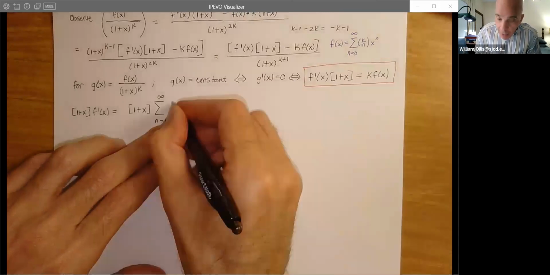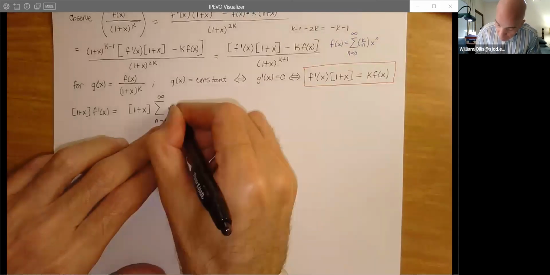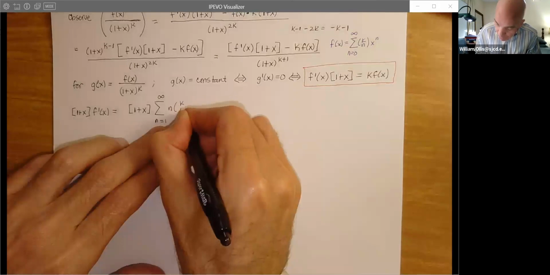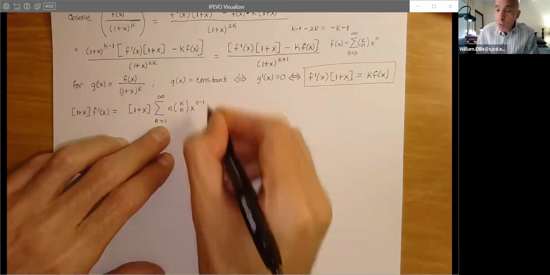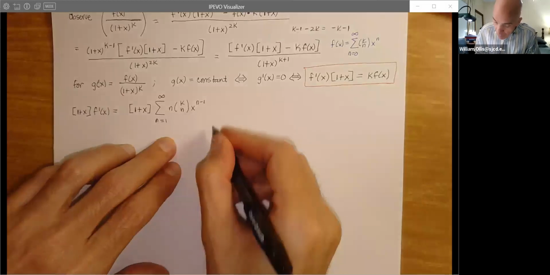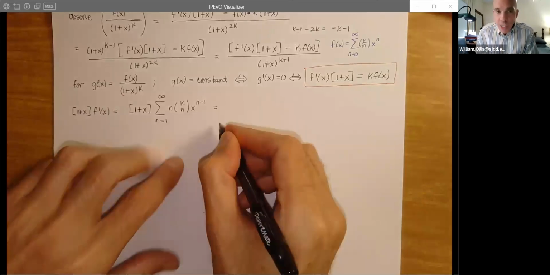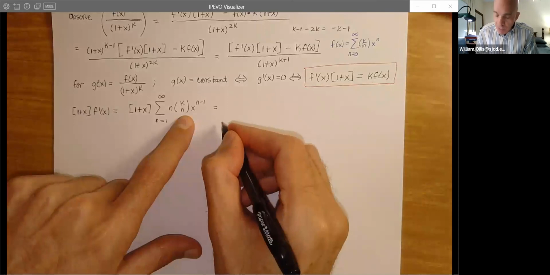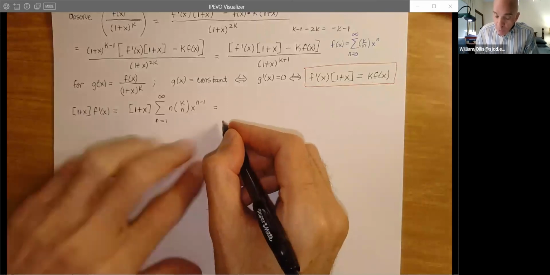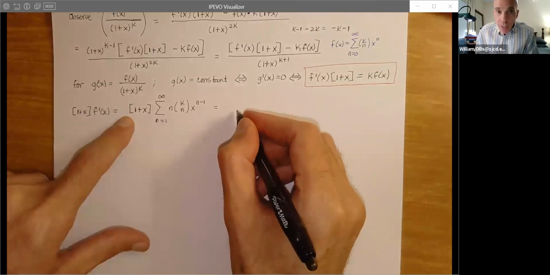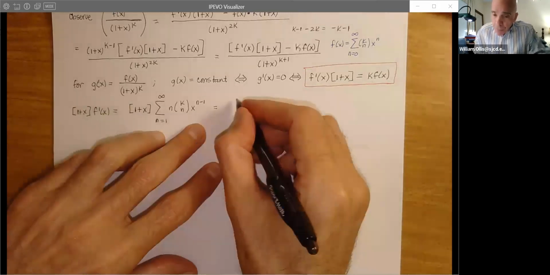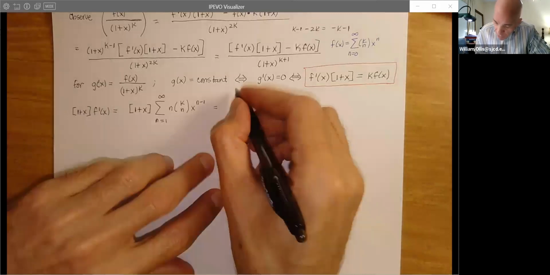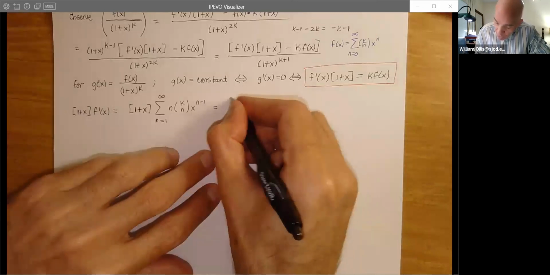So we just have n times k choose n, x to the n minus 1. So that's differentiating term by term. I wanted to wait until we expand this to make it as simple as possible. So now we're going to multiply this series by 1 and by x, just like you've done in your homework. In the first one, we get the following series, this multiplied by 1, so it doesn't change.